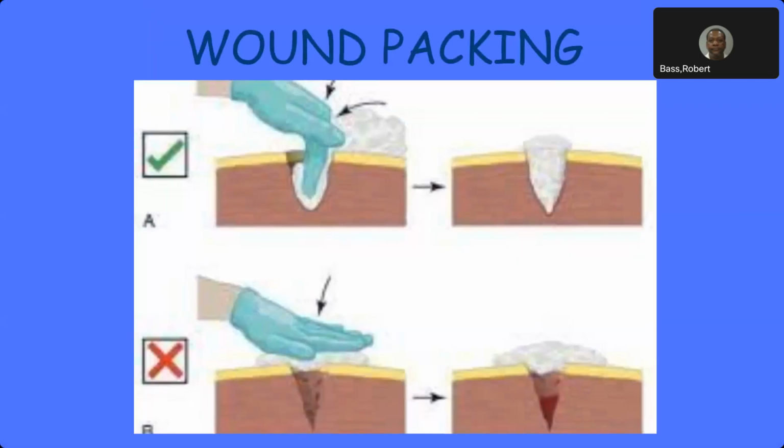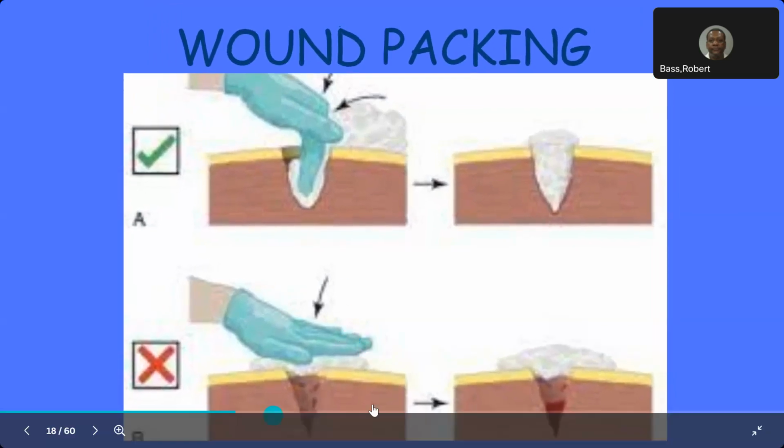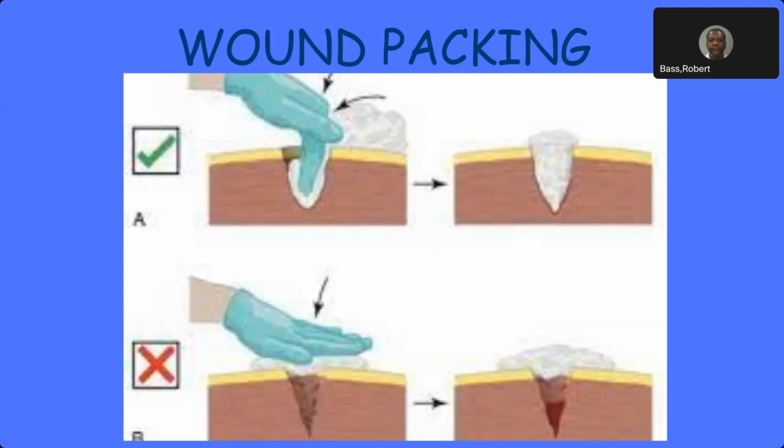Now, when it comes to wound packing, you're not just trying to provide that direct pressure. If you notice his fingers, he's actually, or she's actually packing that wound with 4x4s or whatever roller gauze that you have to use for packing to actually stop that bleed.